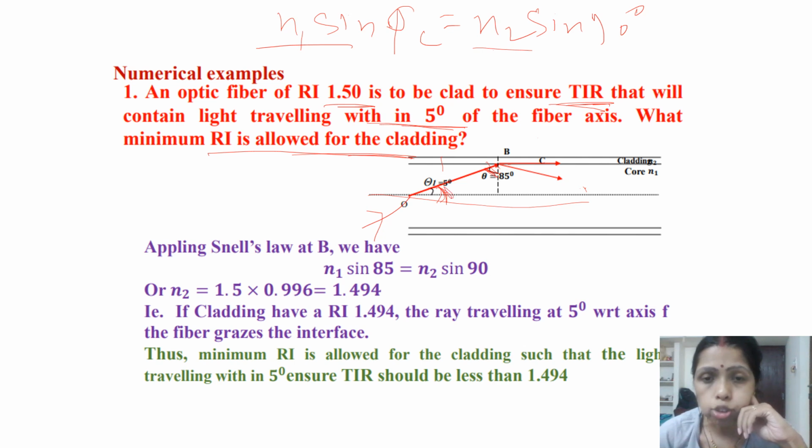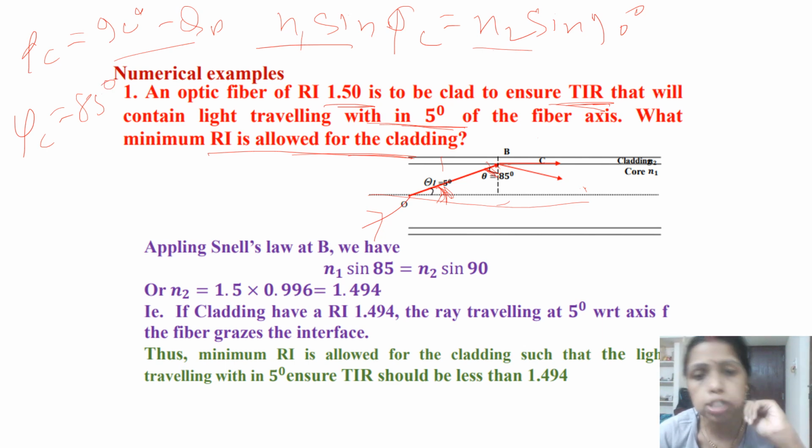From the derivation you know phi c is equal to 90 degree minus theta r. So phi c is equal to 85 degree. As the light is incident and creating 5 degree with the fiber axis, this is the theta. If you know theta, you can calculate phi c, 85 degree.